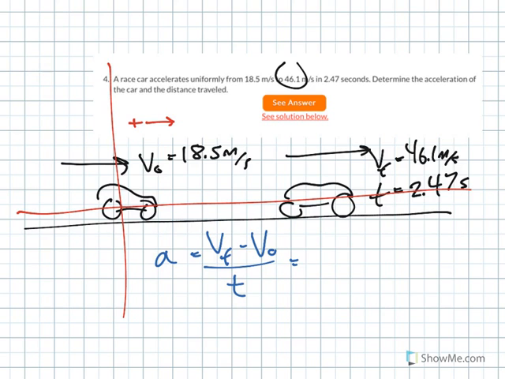So your V final is 46.1 meters per second, and your V initial was 18.5 meters per second, and the time it took was 2.47 seconds.